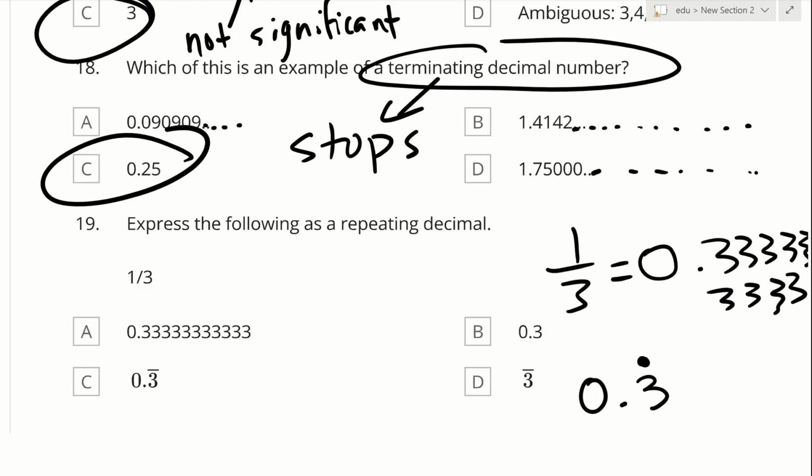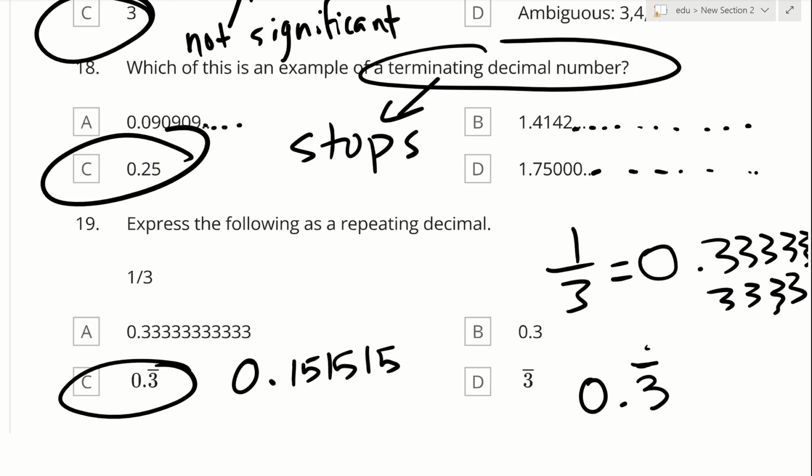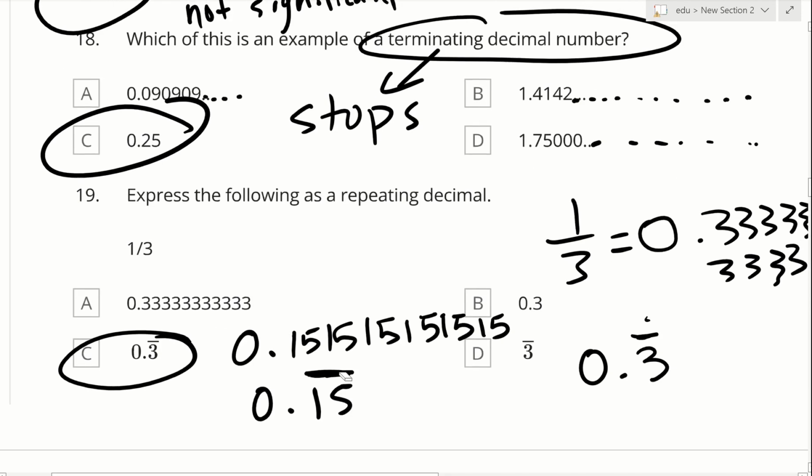So it's going to look like this, so 0.3. Say, for example, if I had a decimal that looked like this, and the 1 and the 5 are repeating, I would put a line across the 1 and 5, because these are the two numbers that are repeating.